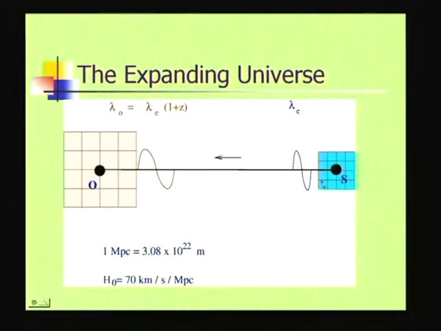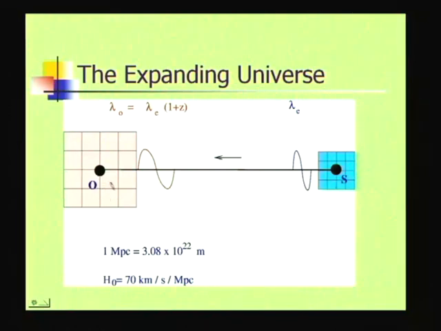Just imagine that the spacing between these grid points is 1 centimeter here, and sometime in the future it becomes 2 centimeters, or 1 megaparsec, now it becomes 2 megaparsecs. So, the separation between the galaxies has increased. So, if I am sitting over here, I will see the galaxy over here moving away, because the separation is actually going up with time.